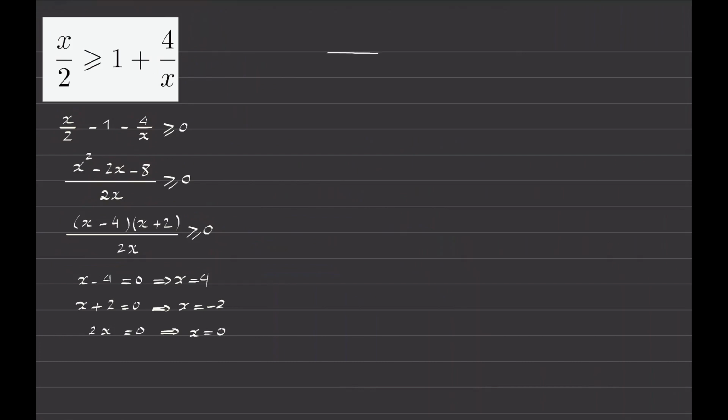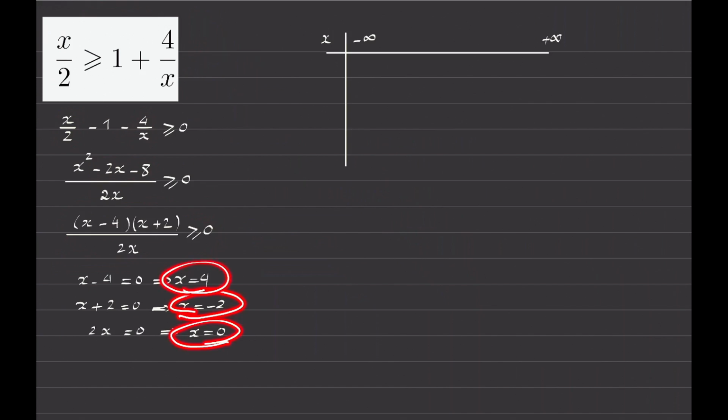So then I will construct my sign table. The first row of my table is x. Potentially x goes from minus infinity to plus infinity, and the numbers that I have, I arrange them in ascending order. So the first one on the left is minus 2, then 0, then 4. So I put minus 2 here, and then I put 0, and then I put 4.